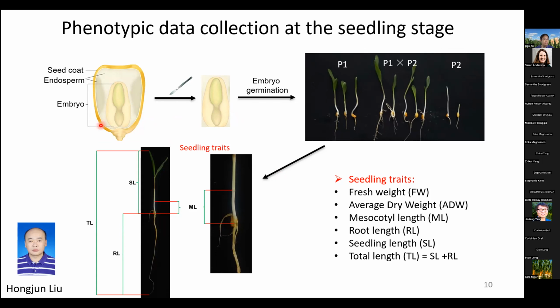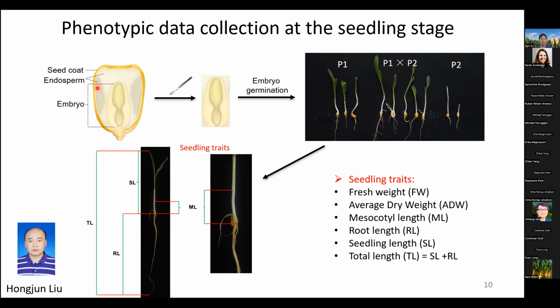For the seeds, once planted in the soil, in the first week of planting the endosperm provides nutrition for plant growth, and different genotypes may have different endosperm.